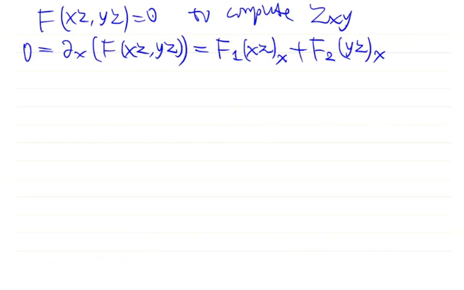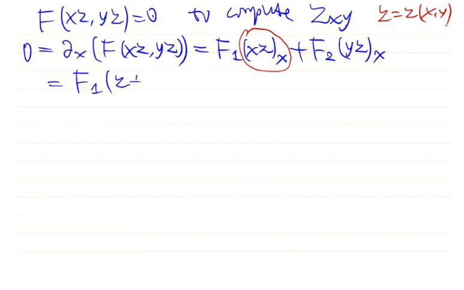Now, to compute this, we have to remember that z is a function of x and y. So this will be f1 times (z plus x zx). The red circle part is z plus x zx, because you have to consider z as a function of x and y.